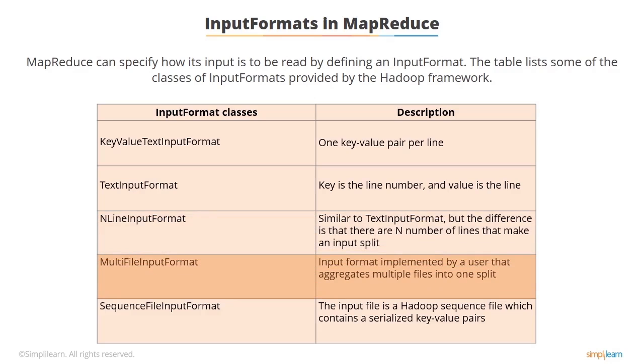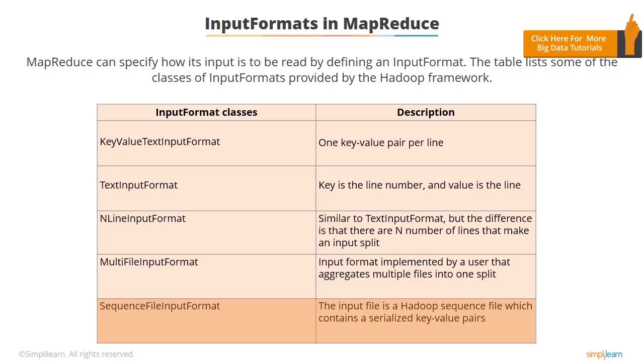MultiFileInputFormat is used to implement an input format that aggregates multiple files into one split. For the class SequenceFileInputFormat to be implemented, the input file must be a Hadoop sequence file, which contains serialized key-value pairs.